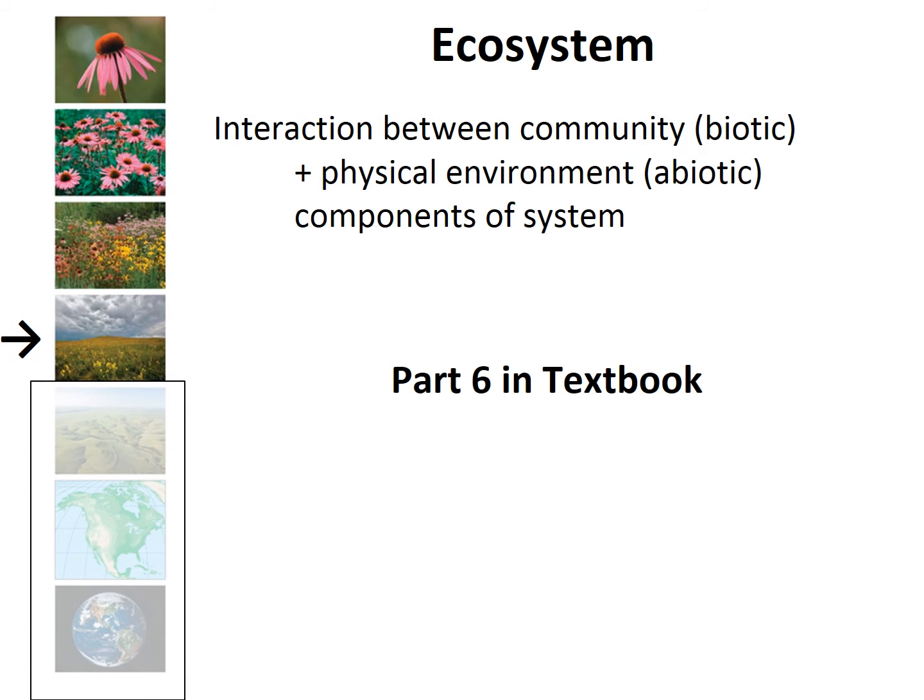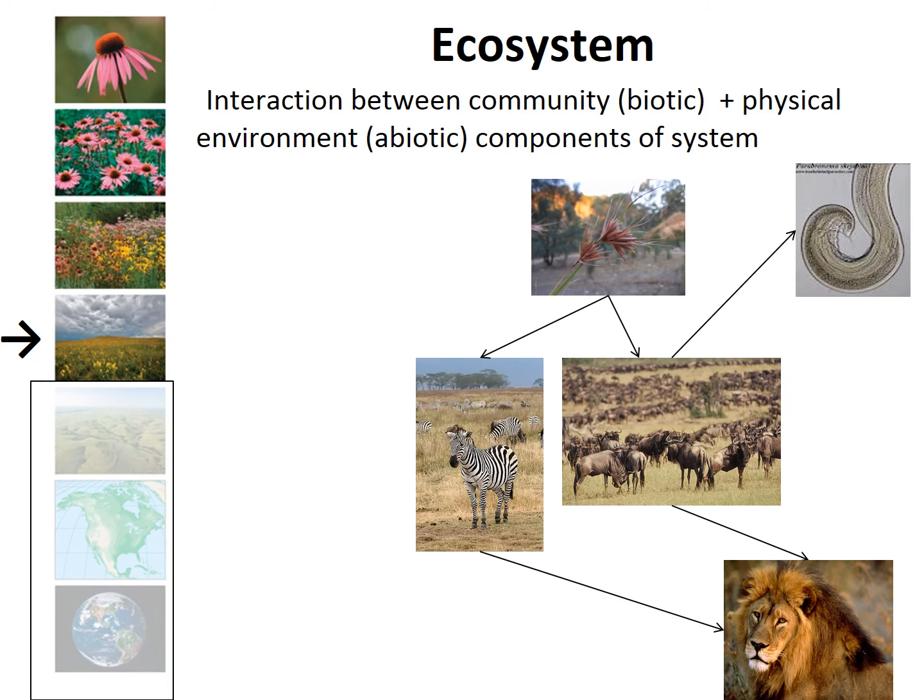An ecosystem is going to take us up another level and include the abiotic elements of that system. This level of ecology is covered in part 6 in your textbook. And as you can see here, looking at that same system, right now what I have on the screen just includes the community ecology.